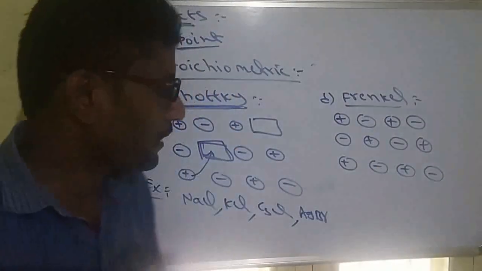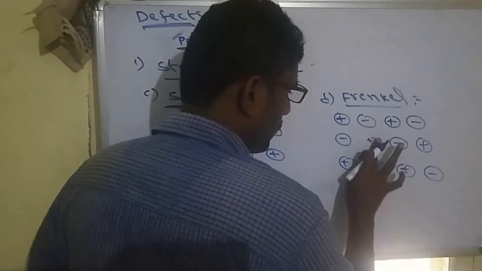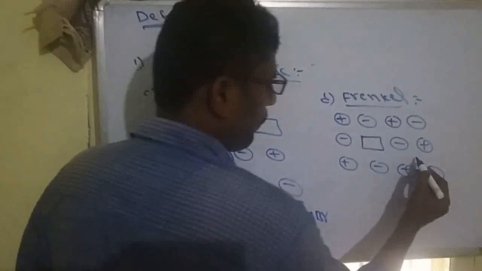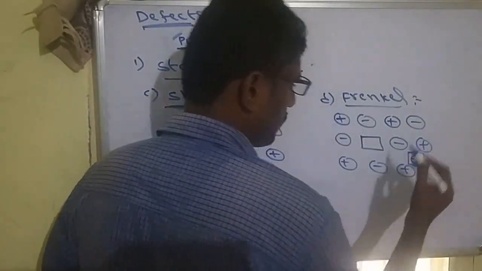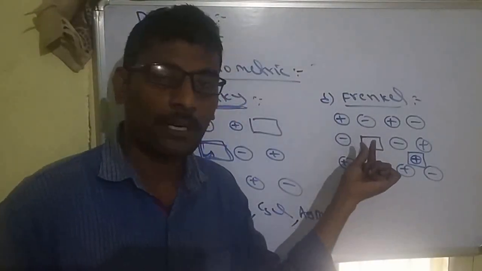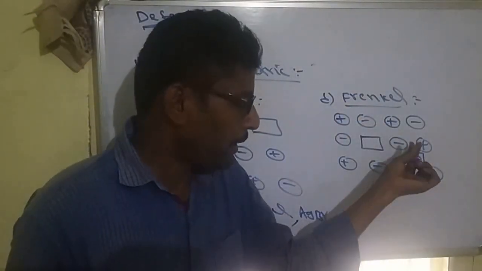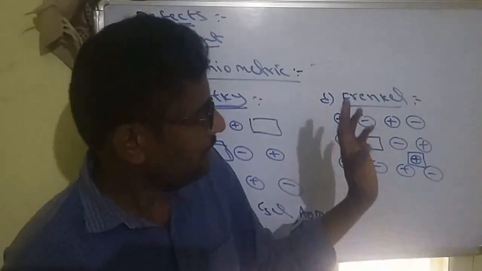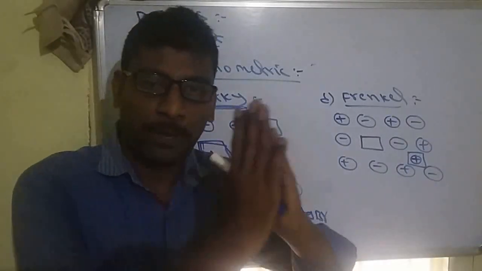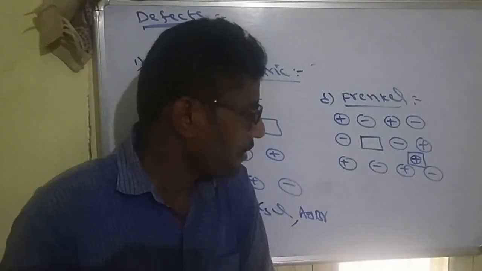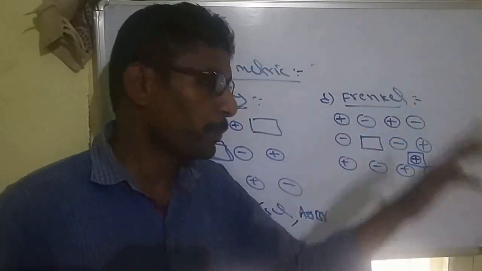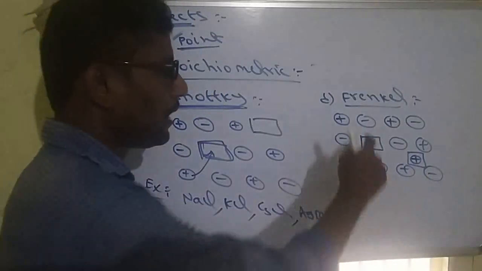In Frenkel defect, one of the cations vacates its position and occupies an interstitial site. Such defects are called Frenkel defects. Interstitial means in-between site. Why are only cations occupying? Because compared with anions, cations are very small in size, so they can easily escape from their site and easily occupy an interstitial site. Such defects are called Frenkel.